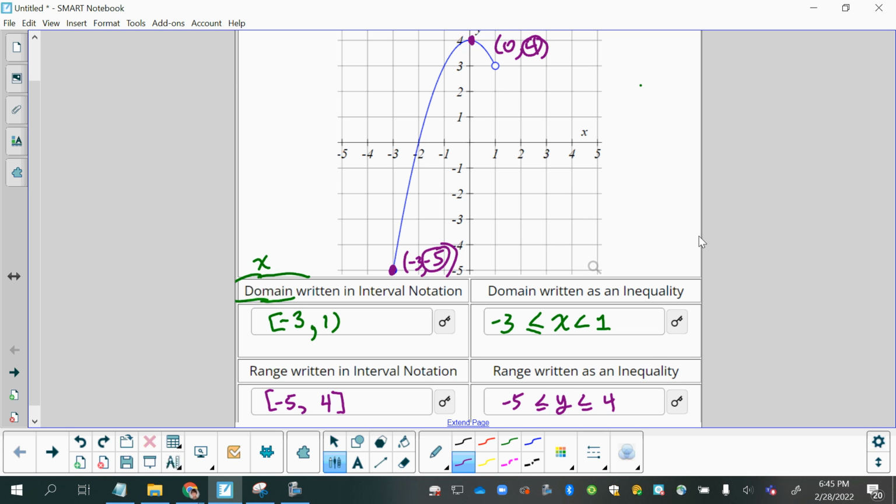So if I flattened this function out on this axis, it would go from here to here. So you can see that y goes from -5 to +4. And if I flatten the function out on the x-axis, it would go from here to here. So you can see that the domain is from -3 to +1.